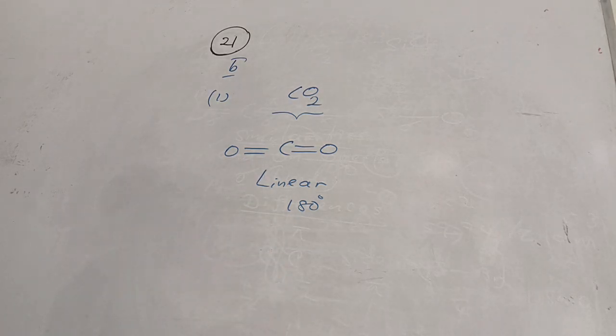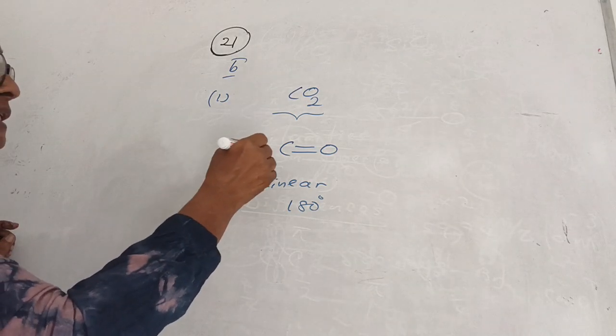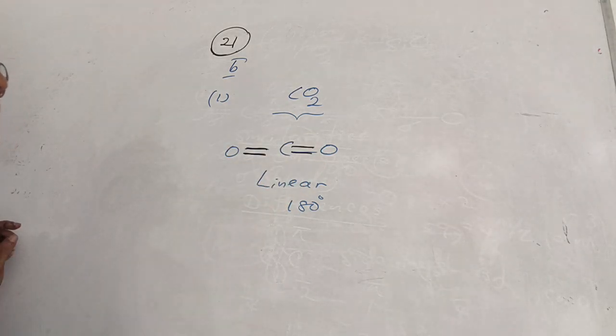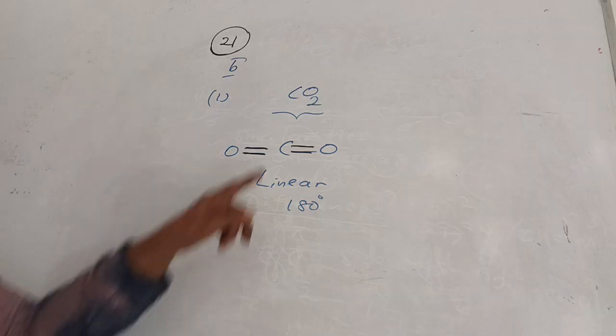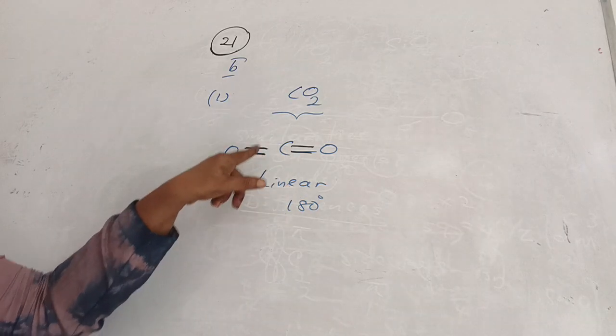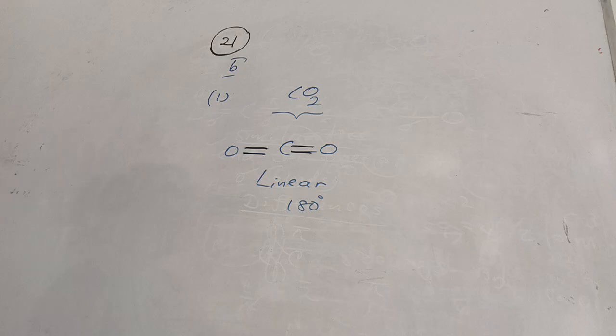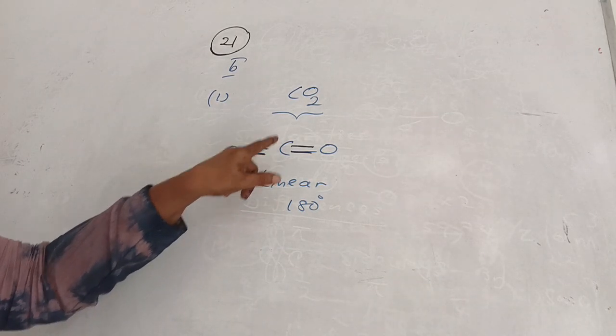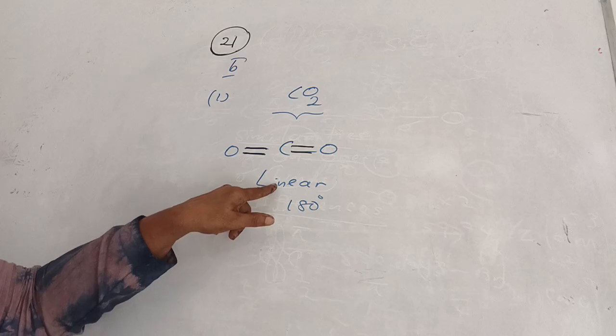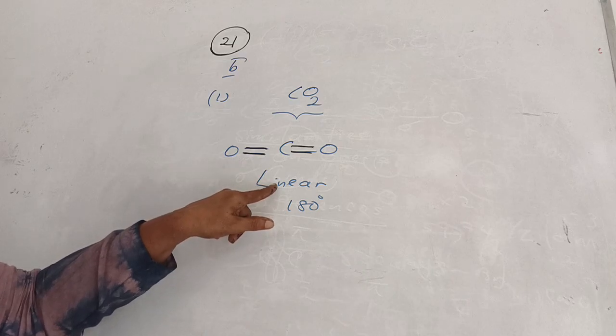Why does it gain a linear shape? Because, concerning shape, we treat the double bond the same as a single bond. There are two bond pairs of electrons and no lone pairs of electrons on the carbon atom, which is the central atom.